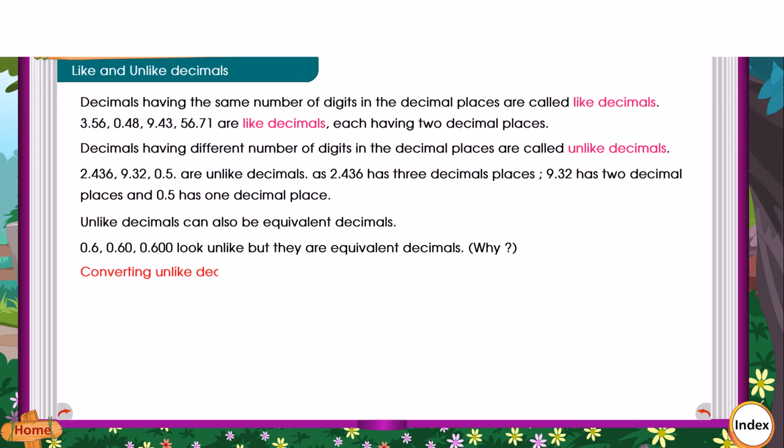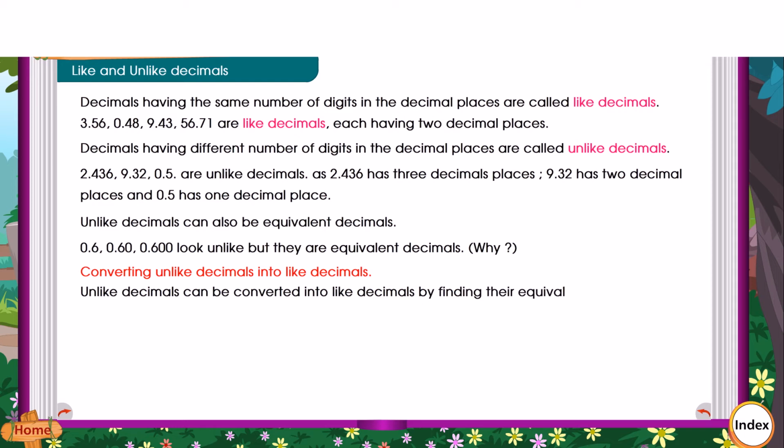Converting unlike decimals into like decimals. Unlike decimals can be converted into like decimals by finding their equivalent decimals. Unlike decimals: 1.5, 3.42, 7.568.